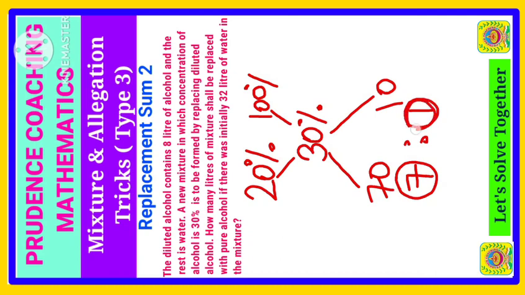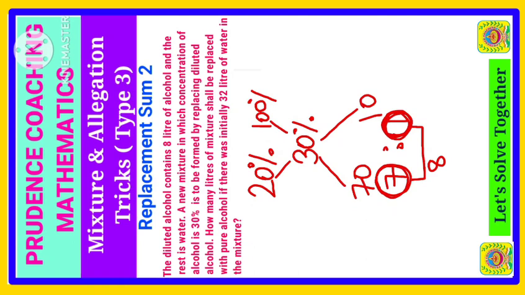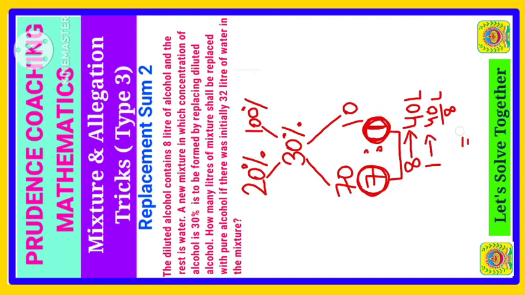If we add this 7, that is what was left over after taking out, and we have replaced with the same, that is 1, we will get 8. That means this 8 represents 40 liter, that is the total quantity of the mixture which was there. So from here we can find out the value of 1. That will be 40 divided by 8. So what you are getting over here is 5 liter.